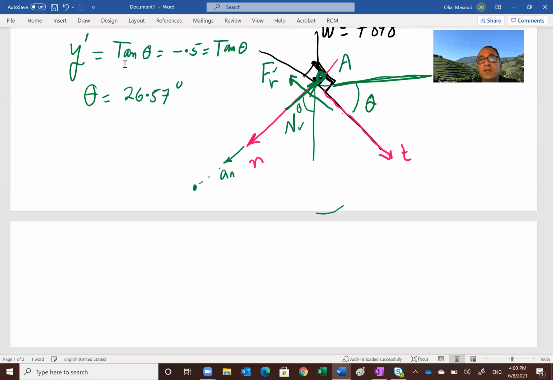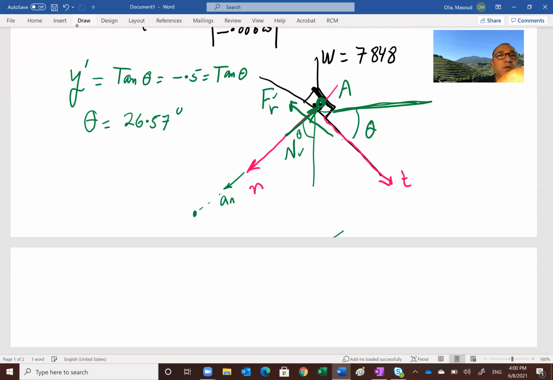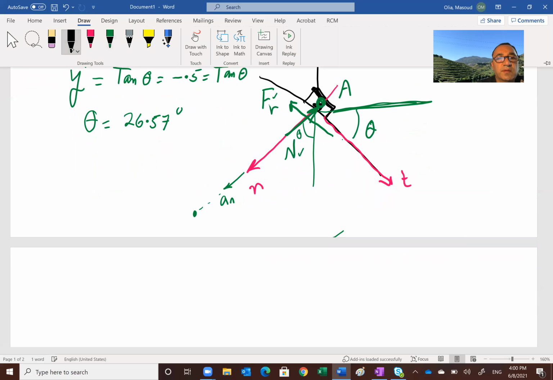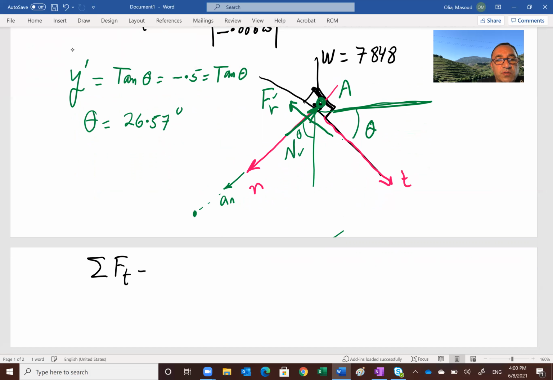Based on that, look at your free body diagram and sum forces in the tangential direction and set that equal to m a_t, and this is your positive tangential direction. What do we have in the tangential direction? We have our friction force, which is going in the negative direction of T. And then how much of the weight falls along the tangential axis? It would be easier if I drop the weight down here. You see, the tangential component of the weight is the weight times sine of the angle, this component going in the positive direction.